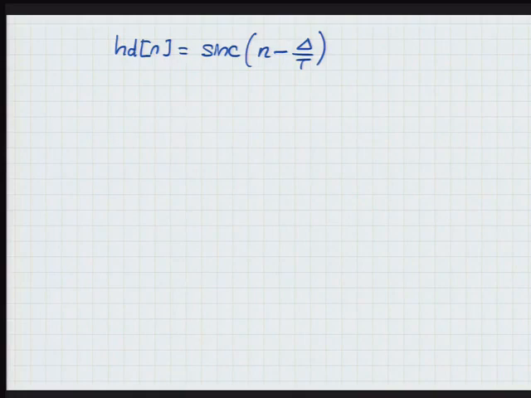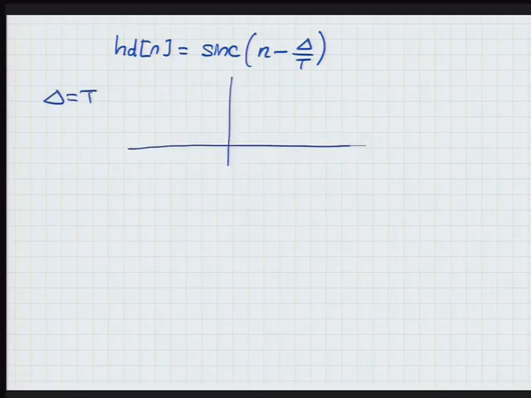Now, also keep in mind that n is not a continuous variable, and n consists of integers, 0, 1, 2, etc. Right? So therefore, if delta is T, let's draw this. Let's first draw it as if it's a function of continuous variable n, right?